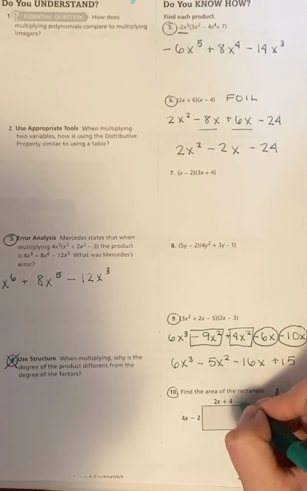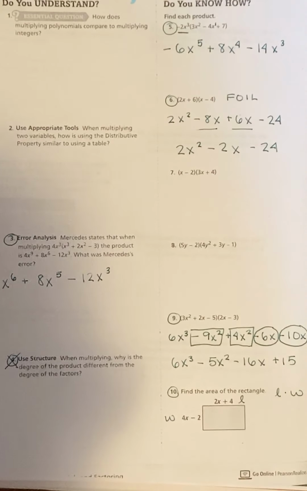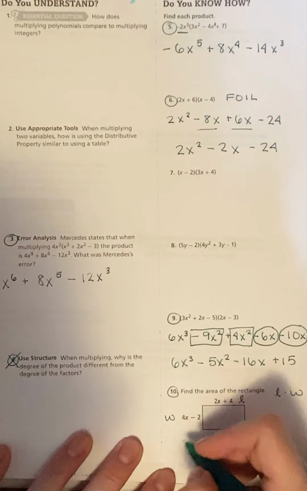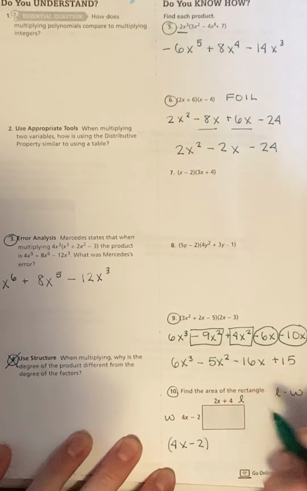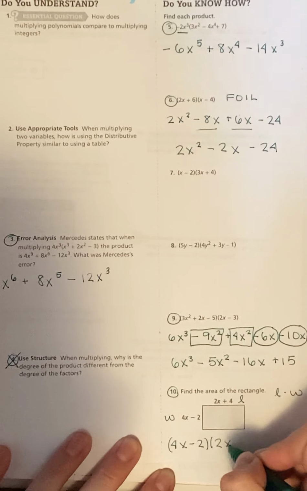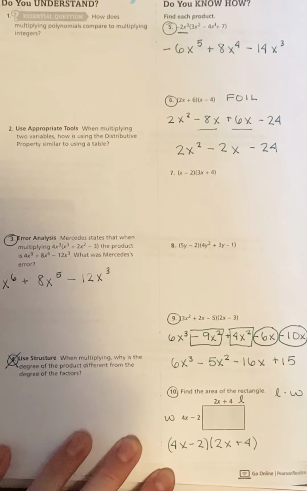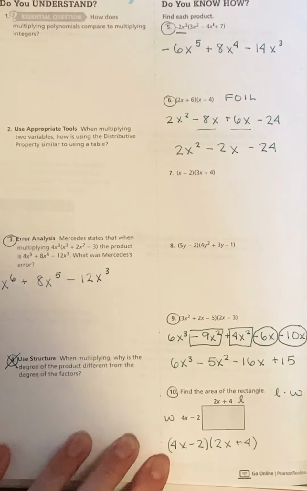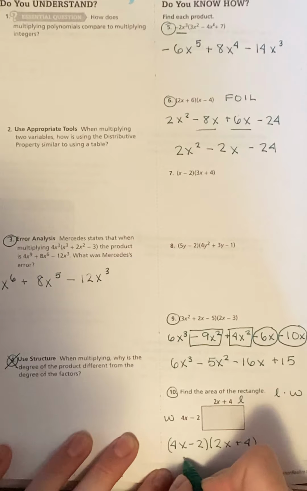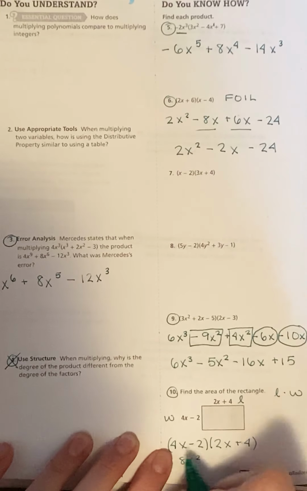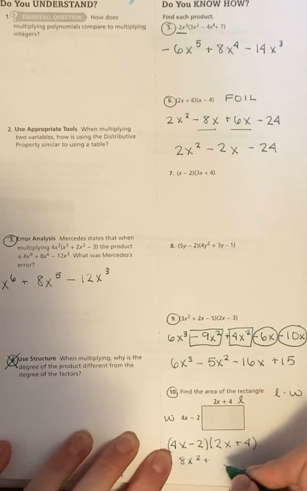Okay, so then you're just going to multiply. So if this is the length, that is the width. So that's 4x minus 2 multiplied by 2x plus 4. So we'll use the FOIL method on this one. 4x times 2x, that's 8x squared. 4x times 4, so that's plus 16x.